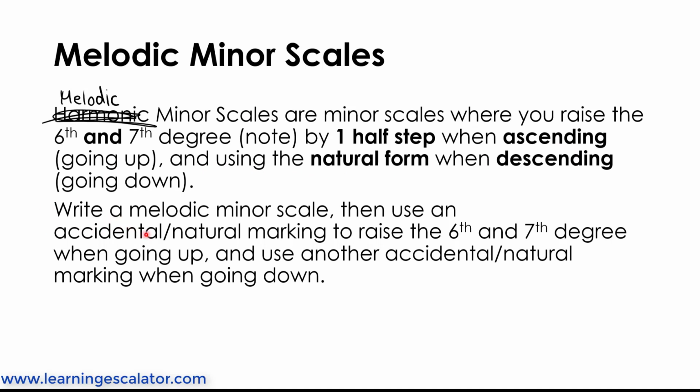So to write a melodic minor scale, you first write the natural minor scale. And then you use an accidental or natural marking to raise the 6th and 7th degree when going up, and use another accidental or natural marking when going down to unraise it.